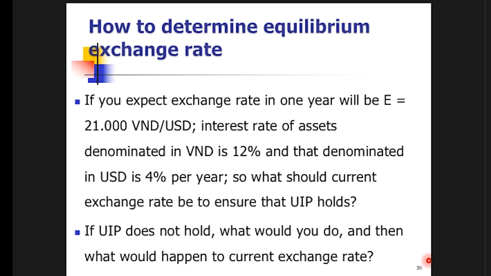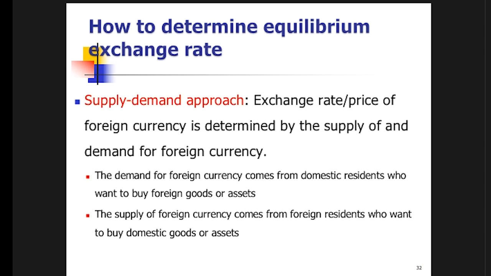Lastly, the third theory to determine the exchange rate is the supply-demand approach. We will use supply and demand in the foreign exchange market to determine the changes in the exchange rate.